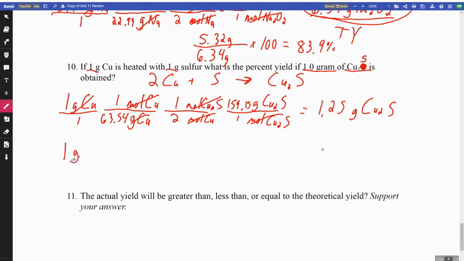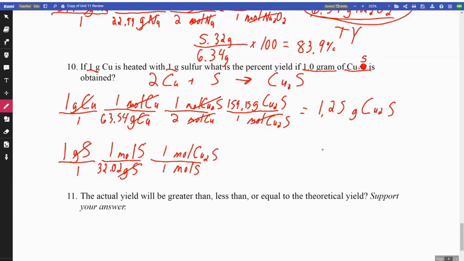1 gram of sulfur over 1. Grams of sulfur, moles of sulfur, 1 mole, molar mass. Grams cancel out. We're left with moles. That's not where we want to be. Moles sulfur, moles Cu2S, 1 mole sulfur, 1 mole Cu2S.